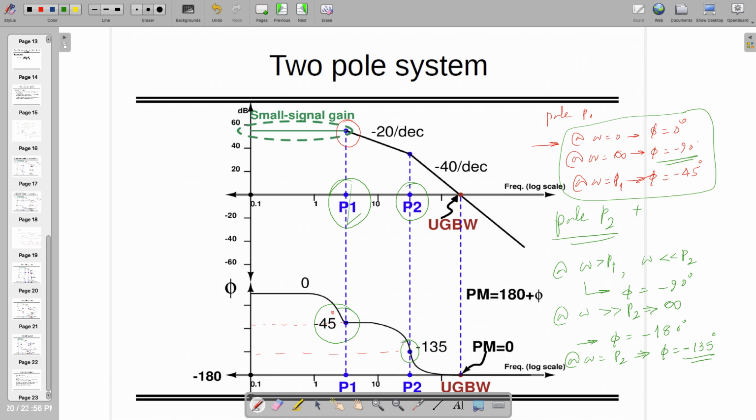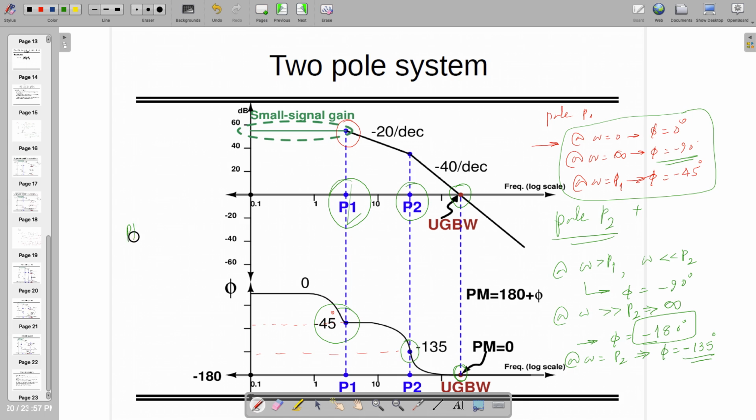So right now let's assume that the plot looks like this one as I have drawn, and I'm interested in finding out the phase margin. So for that I need to find out what is the phase available at UGBW. So you can see at UGBW the phase availability is minus 180 degree.